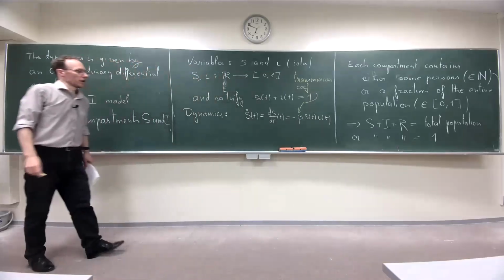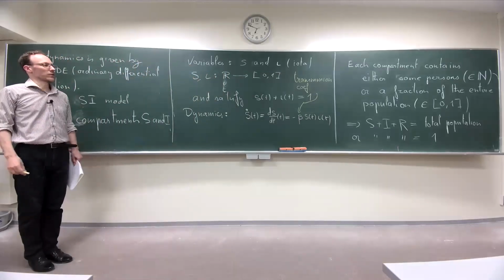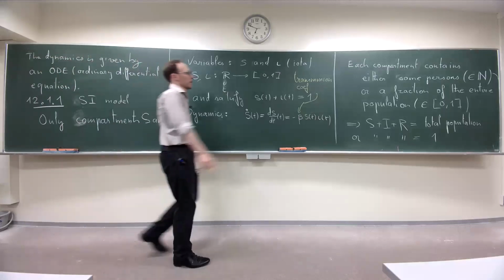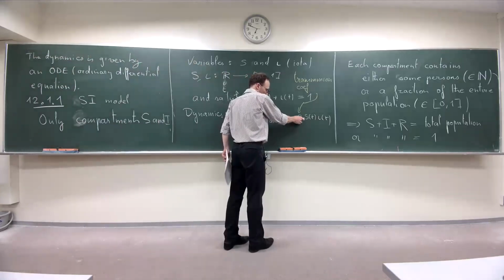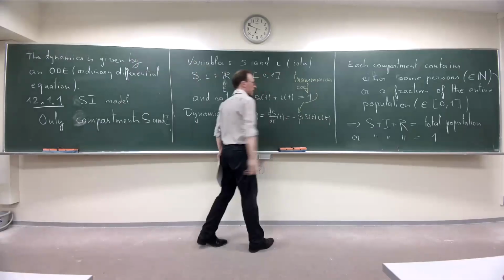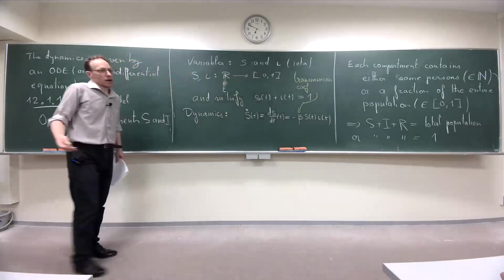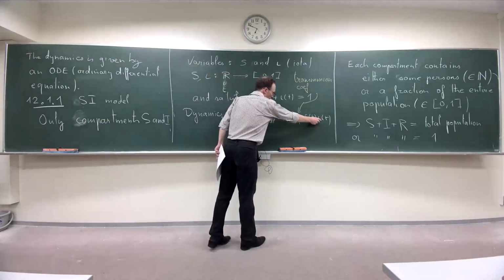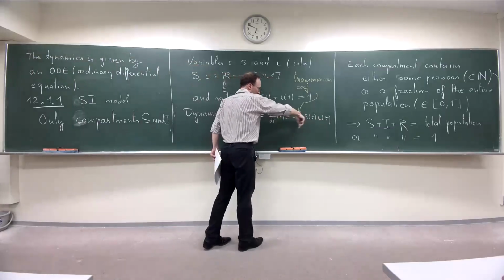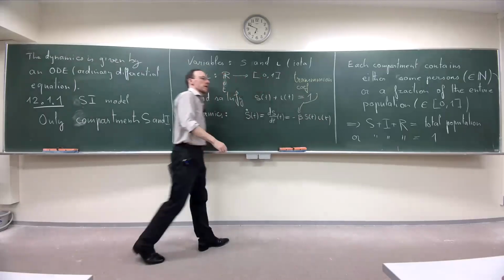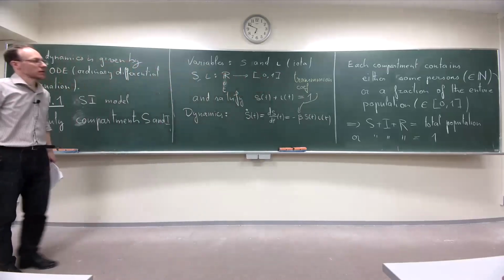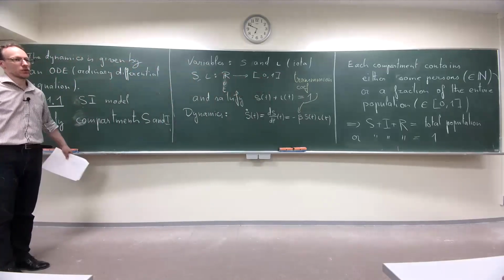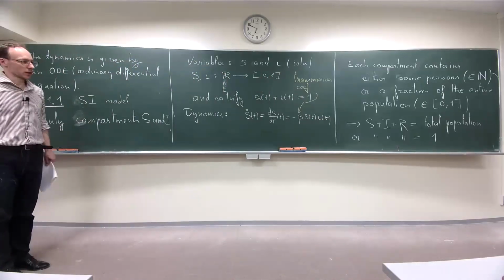The derivative of S with respect to t is given by minus beta times S times iota. Why is it quite natural? Because the more infected persons you have, the more likely a susceptible is going to get infected. And the more susceptible persons you have, the bigger this number is going to be.